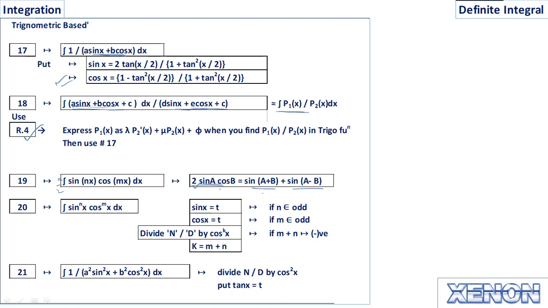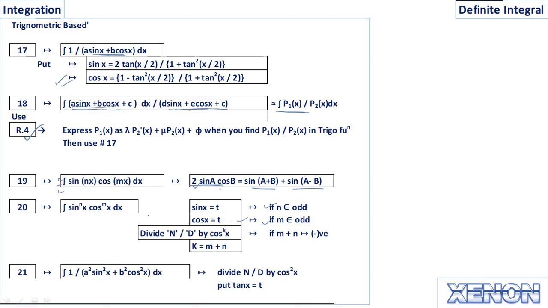We will get sin(n plus m)x plus sin(n minus m)x dx, and we will integrate individually. For the integration of sin to the power n x cos to the power m x dx, in this section, we will put cos x equals to t if n is odd. When m is odd, we will put sin x equals to t, right?